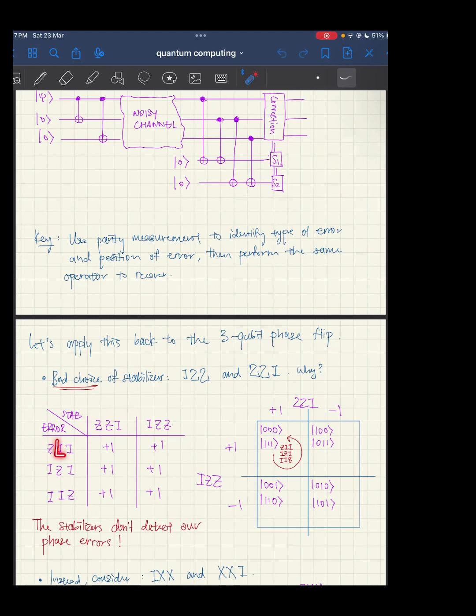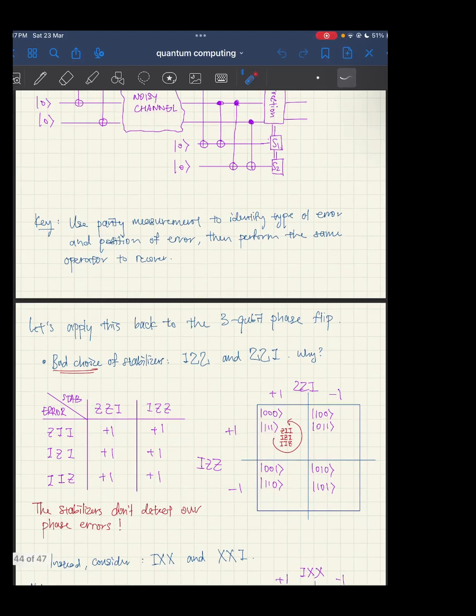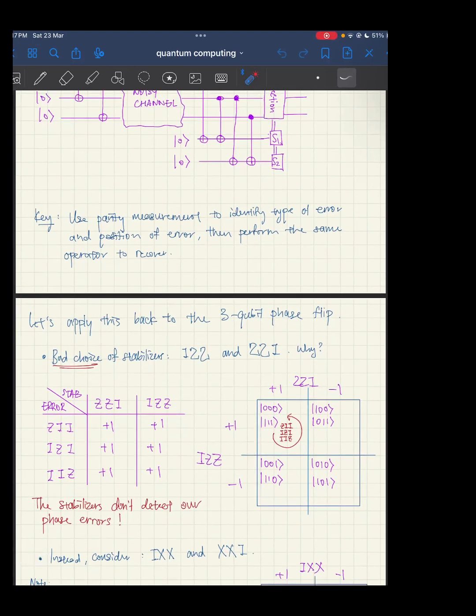And I commutes with Z, and I commutes with I. So this error sends it into the +1 eigenspace. We can repeat for everything else, and we notice that all these errors send the code back to the +1 eigenspace, which is shown in the diagram on the right. And this is bad because when the error occurs, the code just gets sent back into the same eigenspace, which we cannot detect. So this is clearly a bad choice of stabilizers.